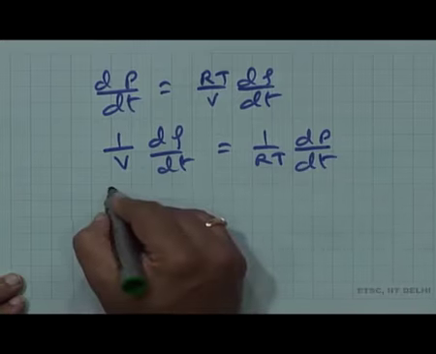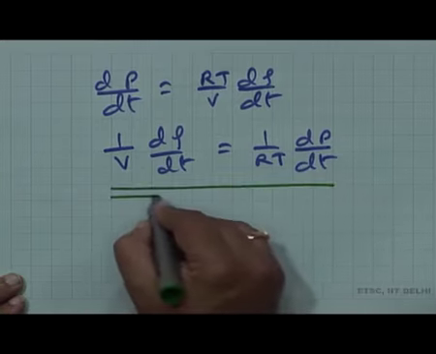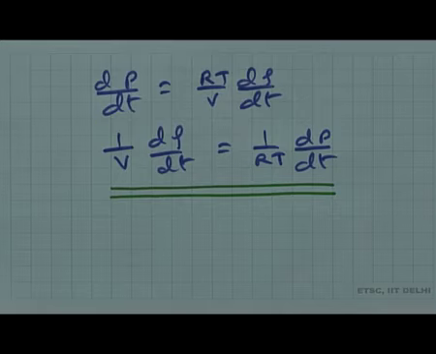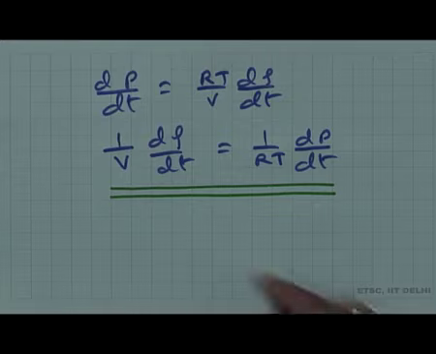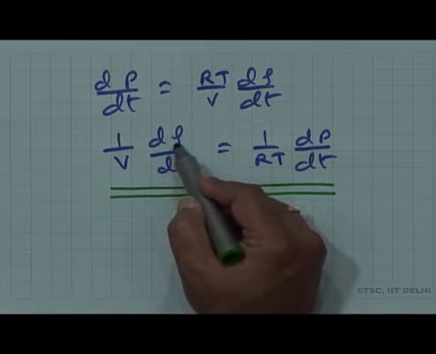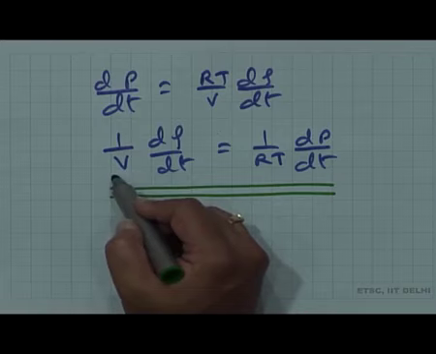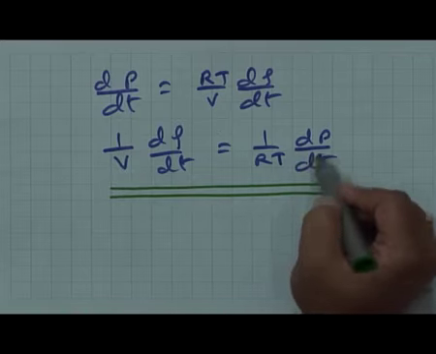So, this is what we were aiming for in the problem. What have we done? We have looked at the change in the extent of the reaction, which is d xi over dT. This times 1 by V, V being a constant, is equal to 1 by RT dP by dT.